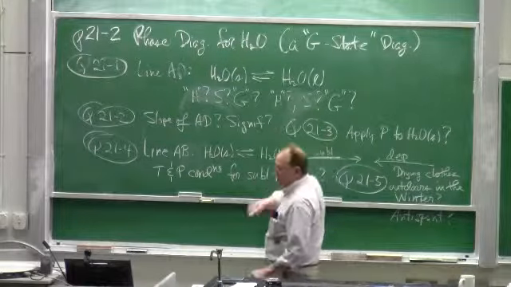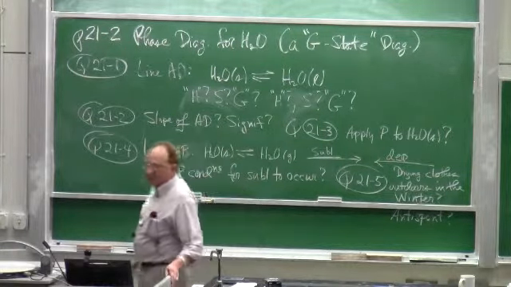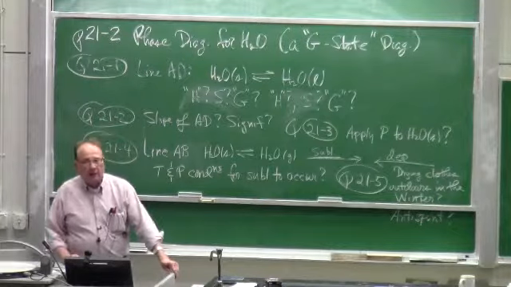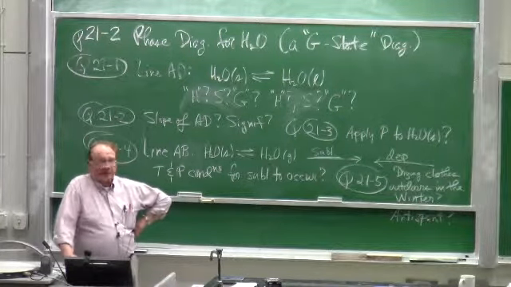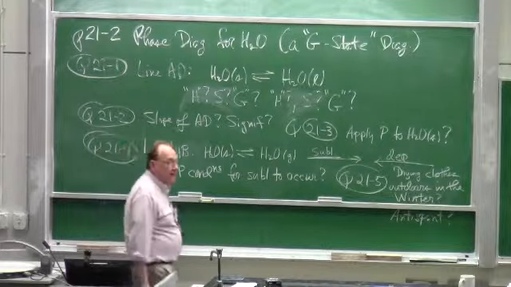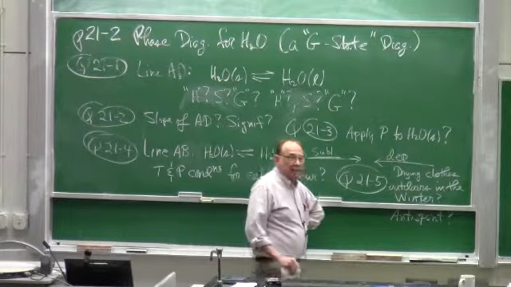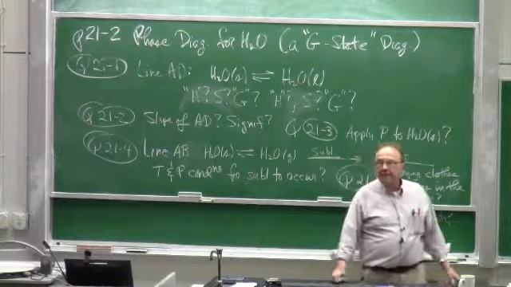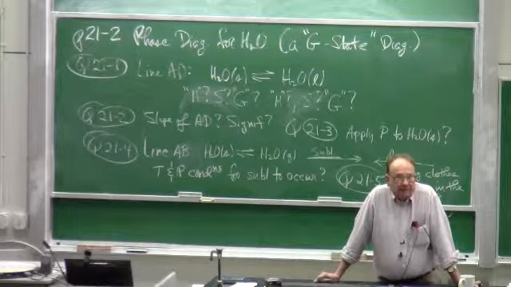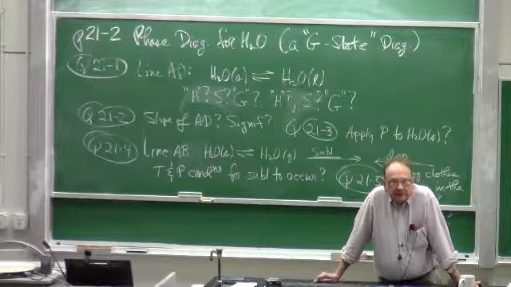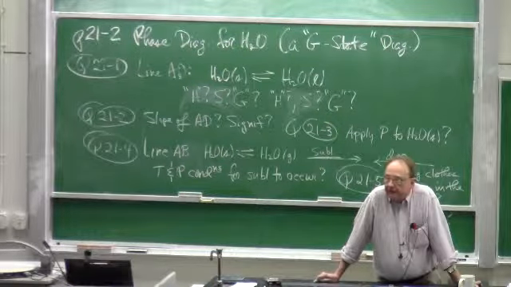Line AD, the solid-liquid boundary line. On any point on line AD, the thermodynamic stability of water solid compares how to the thermodynamic stability of water liquid? At any point on line AD, how do the thermodynamic stabilities of these two phases compare?